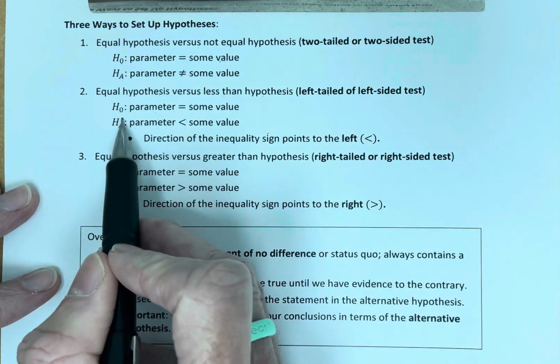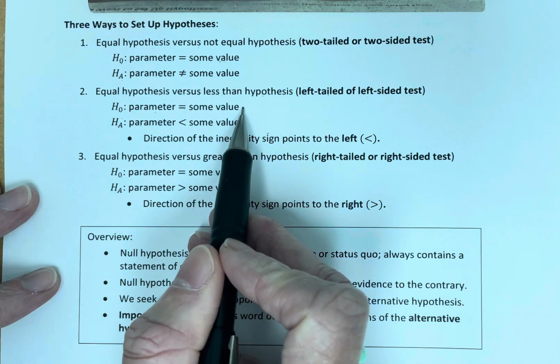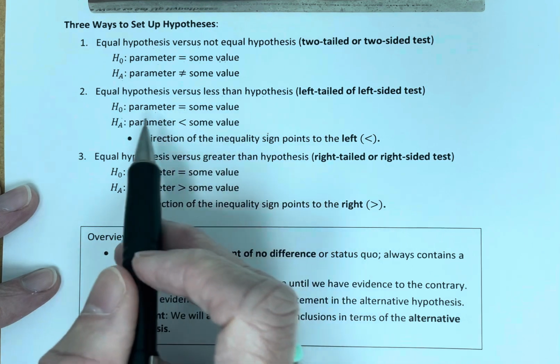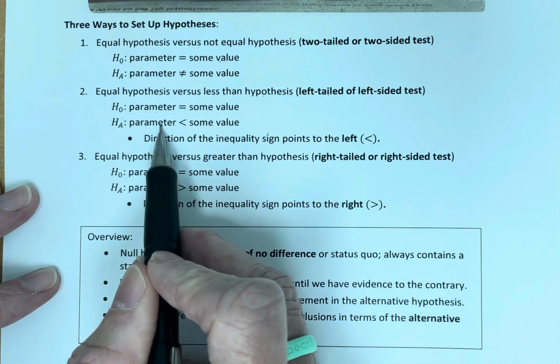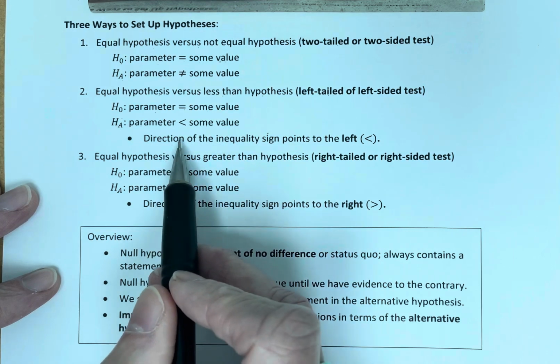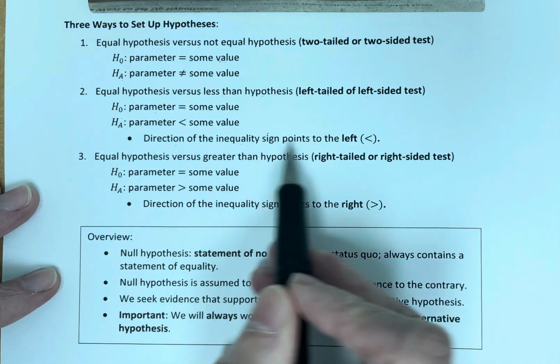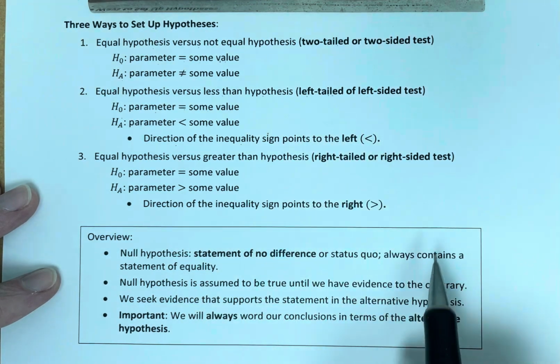Again, your null hypothesis is the parameter equals some value. That's always the case with the null hypothesis. The alternative hypothesis is that the parameter is less than some value. And here I've noted the direction of the inequality sign points to the left, hence left-tailed or left-sided.